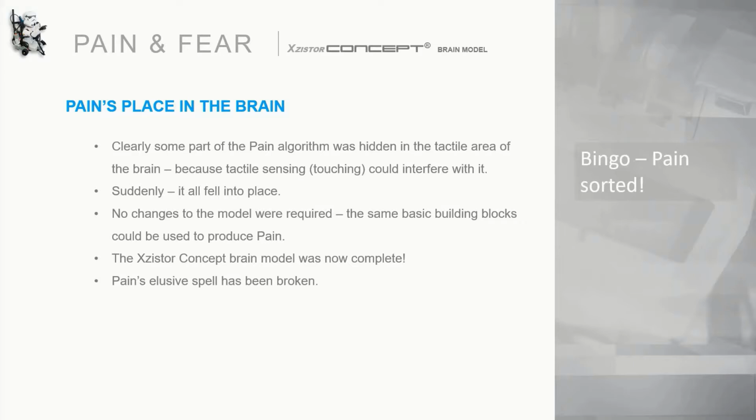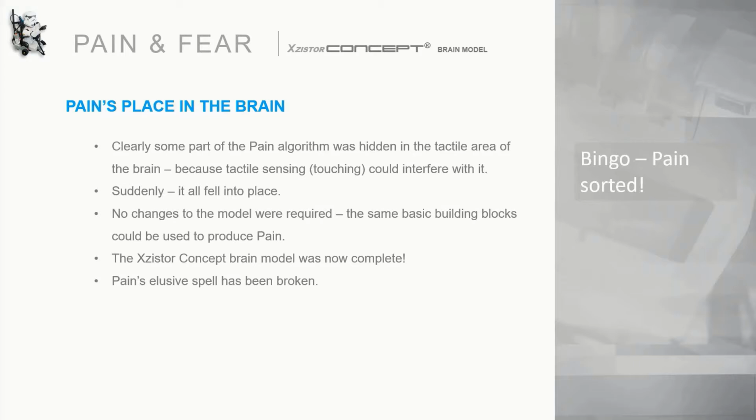That helped me, and suddenly everything fell in place. The nice thing about it was there were absolutely no changes to the model required. I could use exactly the same basic building blocks that I use for everything else in the Xzistor concept brain model to produce pain.